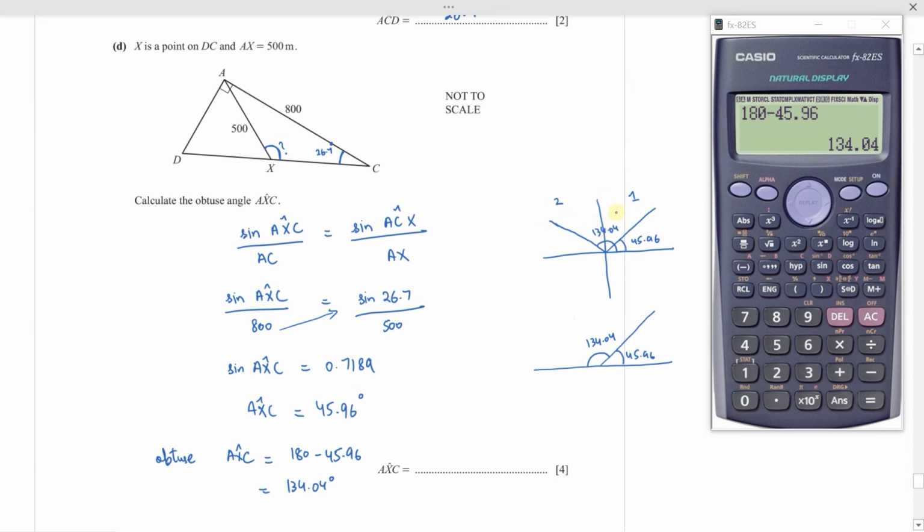And since sine values are positive in the first and second quadrant, you will get 0.7189 if you take the sine of either of these two angles. So that's how you'll solve this problem. So your final answer for the obtuse angle AXC will be 134.0 degrees up to 1 decimal place. So this was the last question. This is the end of paper 2 variant 1 for May June 2020.